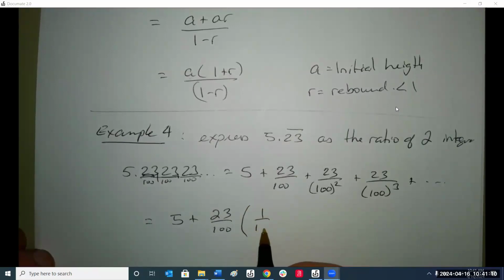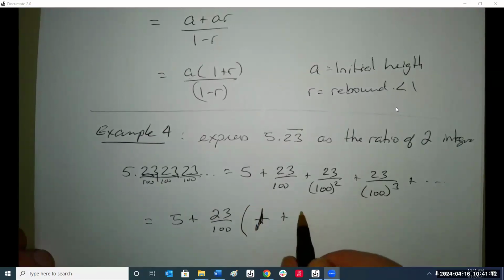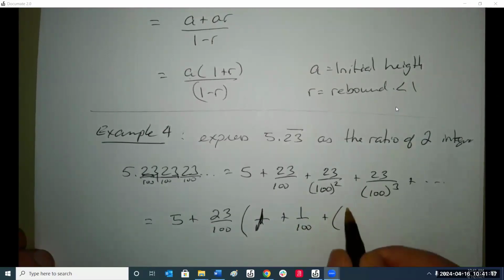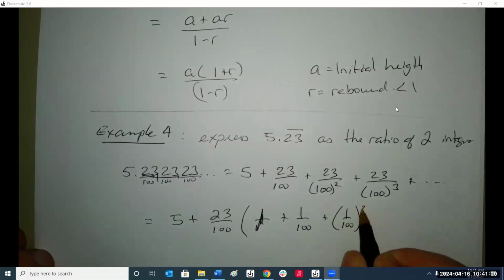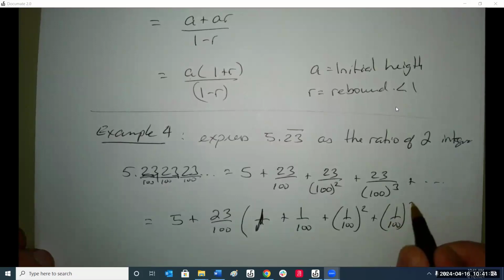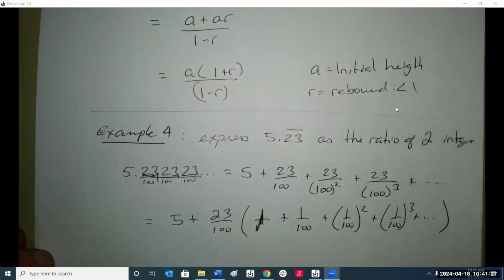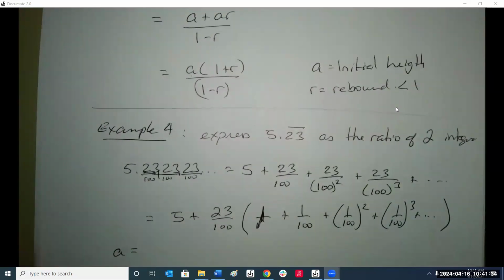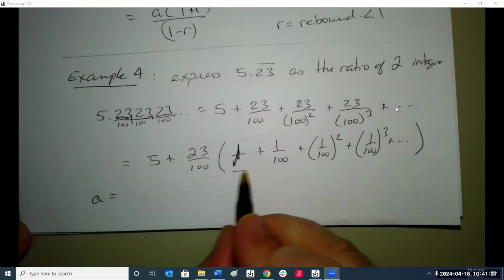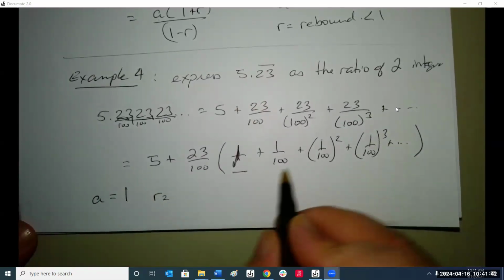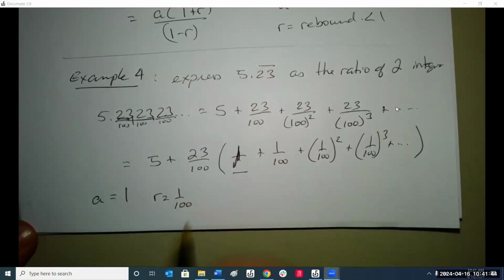Factoring out, we get 1 plus 1 over 100 plus 1 over 100 squared, plus 1 over 100 cubed. So this tells us that my A is 1 and my ratio is 1 over 100.